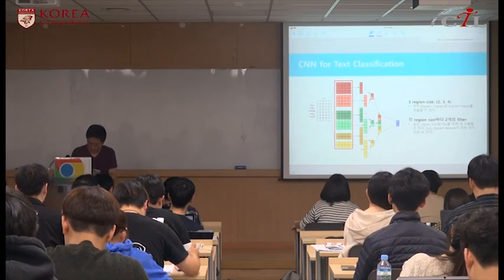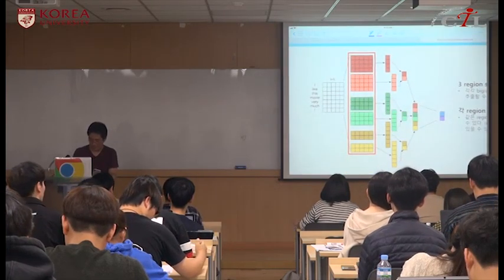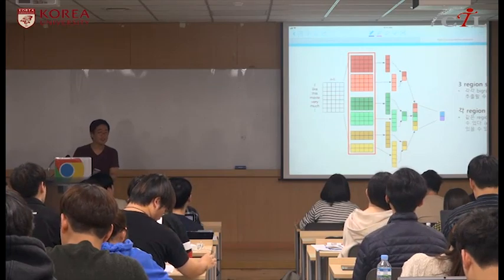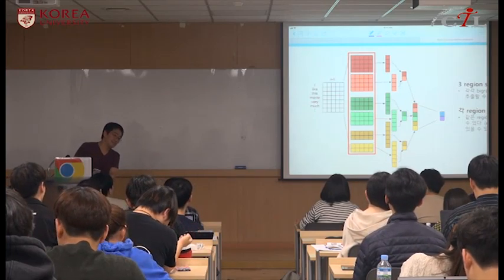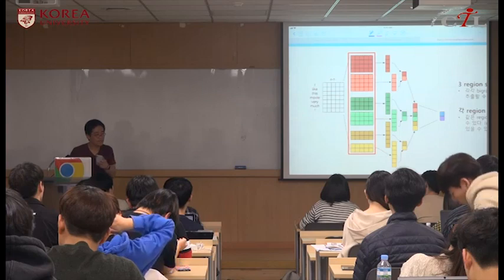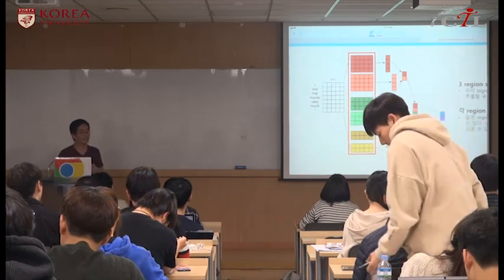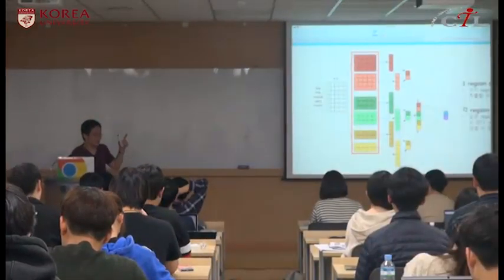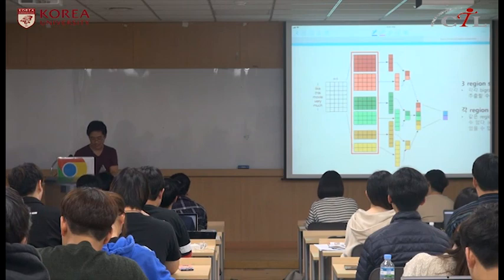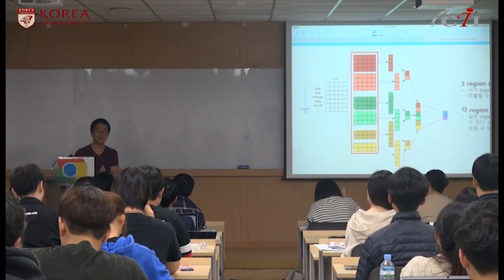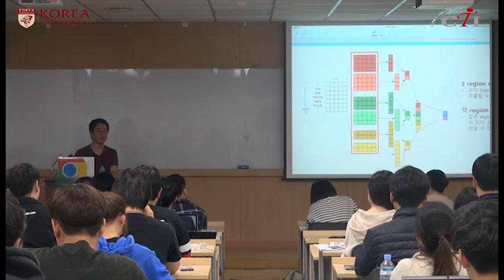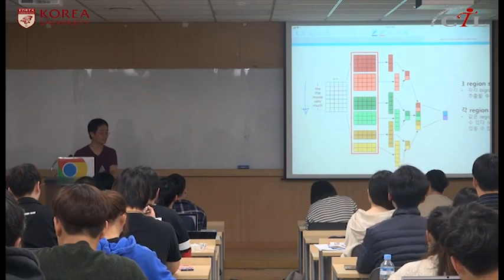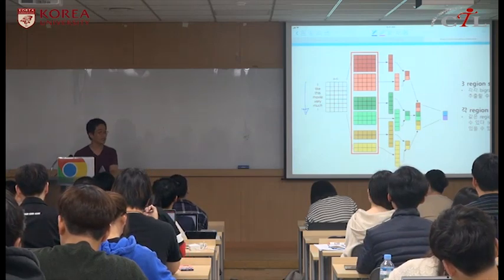So this is one example of text data. In the case of text data, it is just one-dimensional data, unlike images that have the two dimensions of width and height. In the case of text, we have one dimension, which is the order of words that appear in our sentence.